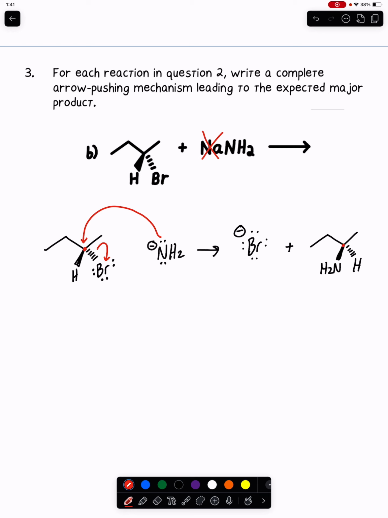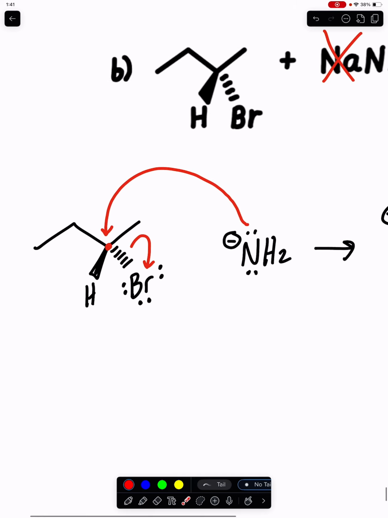Now, I drew this in a specific way. Let me dot that red carbon so we can keep track of it. I drew this in a specific way because we have to remember, in an SN2 reaction, the nucleophile approaches the electrophilic carbon in a specific way. And the way it does that is from the backside, which simply means the side opposite the leaving group. So since in this substrate, we have the leaving group going into the paper and the hydrogen coming out of the paper, that means the nucleophile approaches nearest the hydrogen.